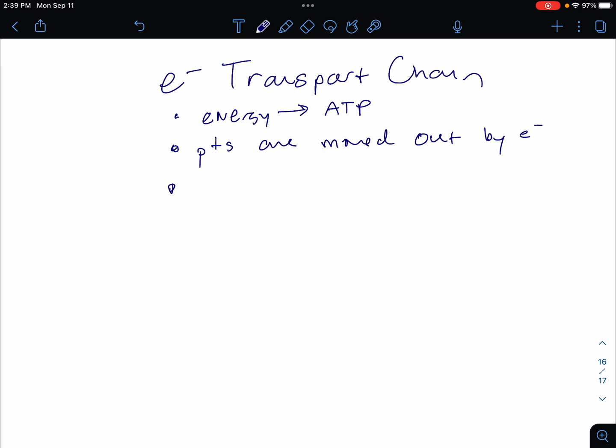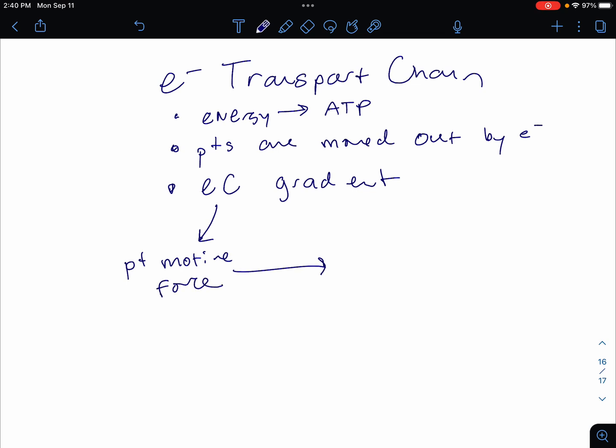This creates the electrochemical gradient, and the energy harvested is the proton motive force. And this allows for the synthesis of ATP, or energy molecule, as well as some forms of motility.